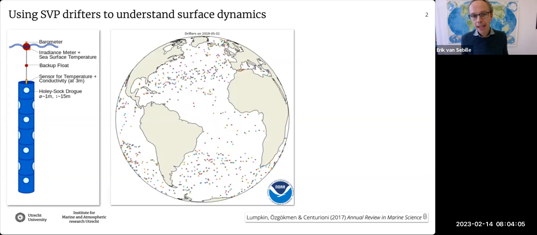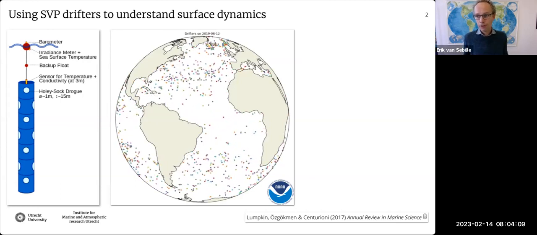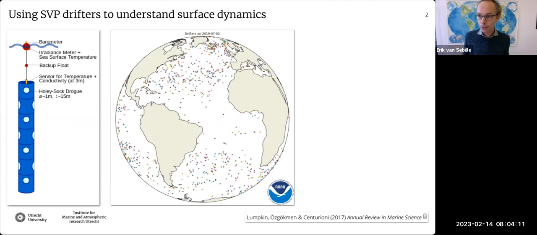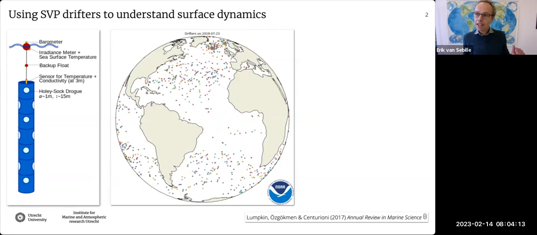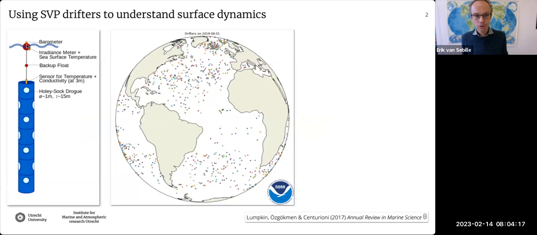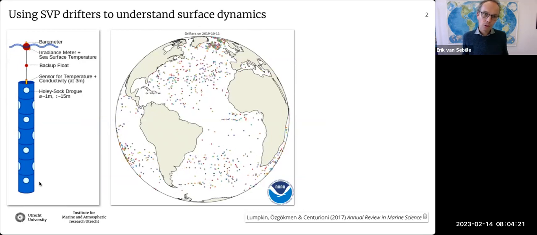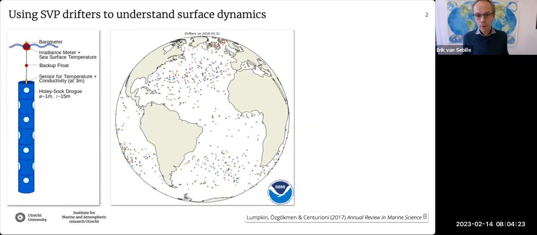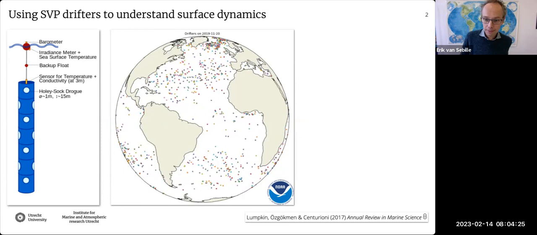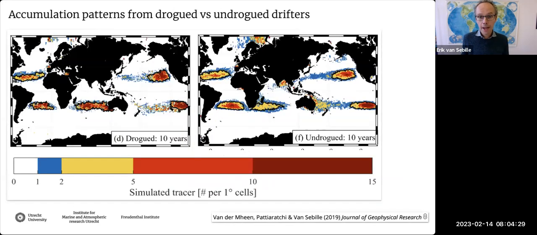And what we learned from that is actually that the dispersion patterns of those drifters are fairly different. Whatever happens at the surface by the undrogued drifters is different from what happens with the drogued drifters. One of the examples that really nicely shows this is a study by Mirjam van der Meen.